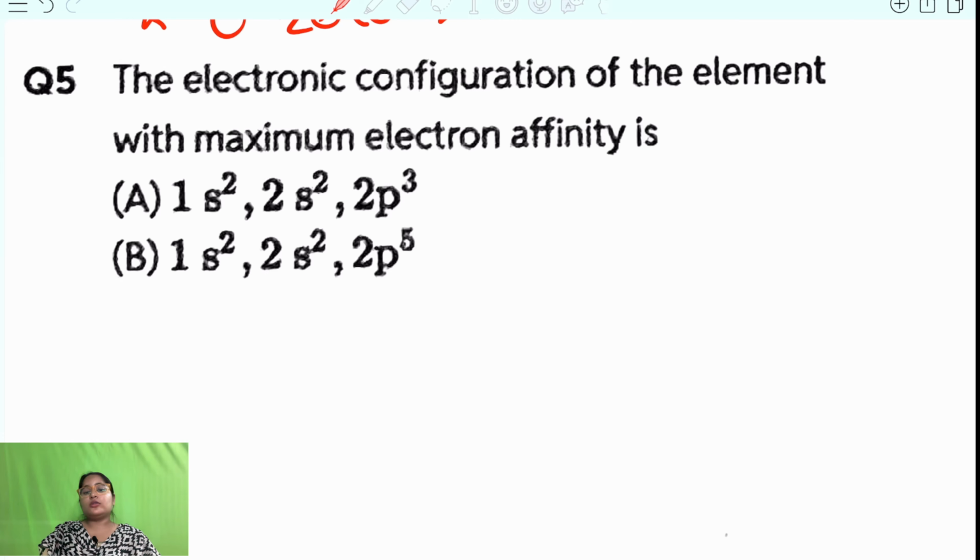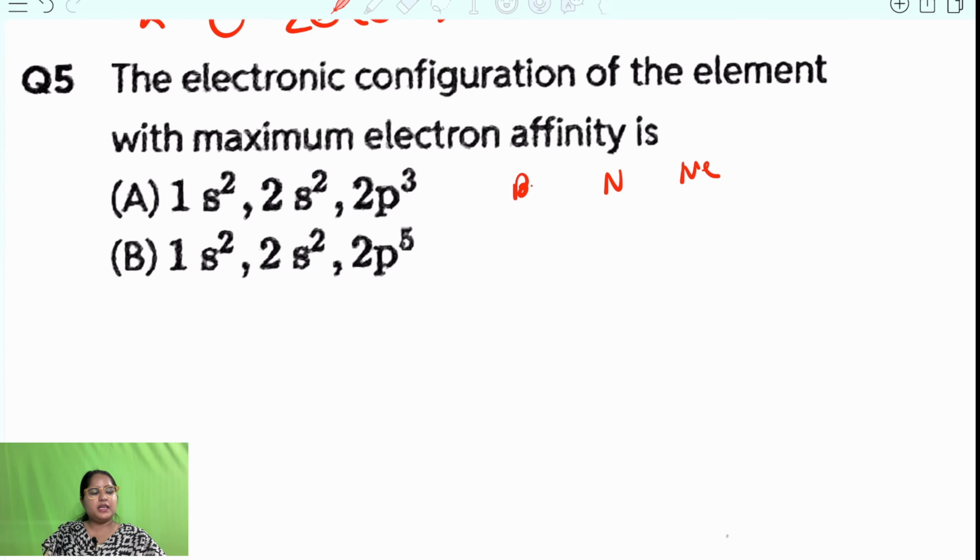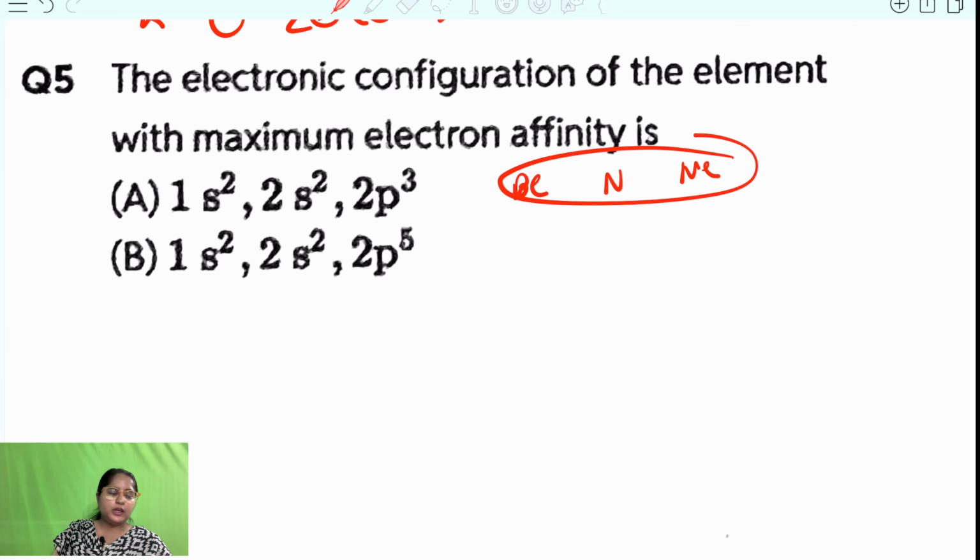The electronic configuration of the element with maximum electron affinity. Now we are going to see electron affinity. Electron affinity is the tendency to add an electron. Electron affinity for nitrogen, helium, neon, argon, krypton and the beryllium family will be least, due to the most stable half filled or full filled electronic configuration. Wherever you see beryllium, nitrogen, neon, keep it at the end, most positive electron affinity.